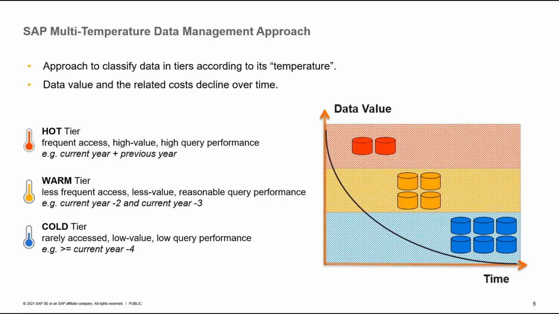And then we have a cold tier, which is rarely accessed, has a low value, and does not require a high query performance. So an example would be we keep the current and the previous year in a hot environment. The warm tier is then the years before, and the cold tier is everything older than 4 years.